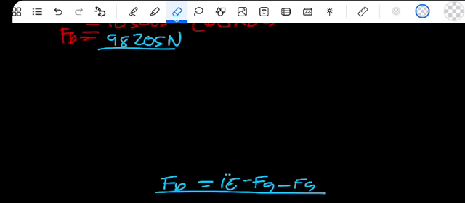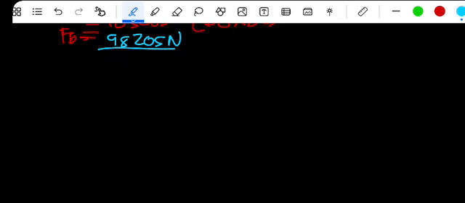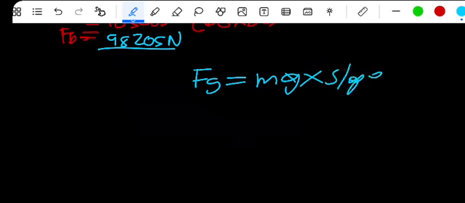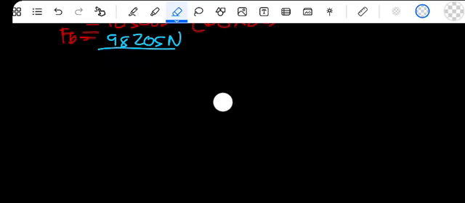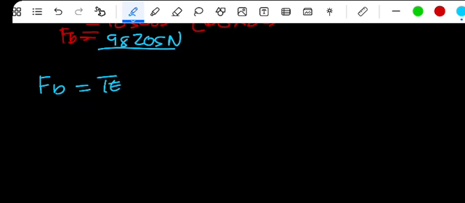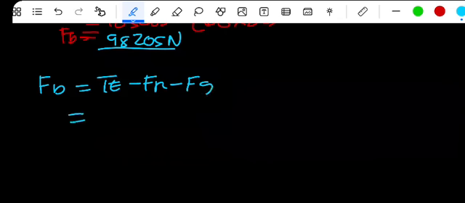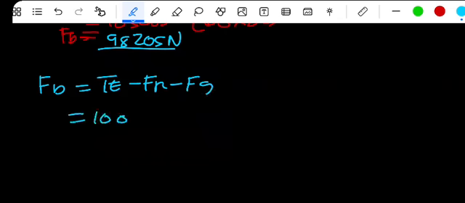We have seen that you subtract these three things, but do not forget FG is equal to mass multiplied by gravity multiplied by the slope. Anyways, let's find the drawbar pull: TE minus FR. I've shown you why we ended with this. We've calculated this on top, it's still the same thing.